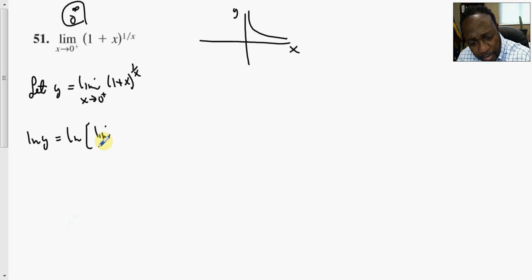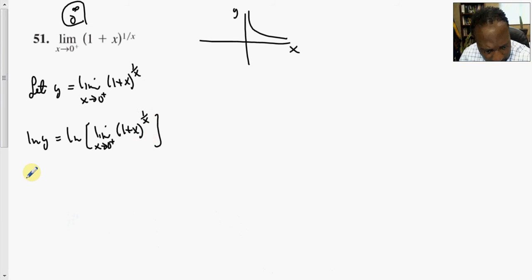This is the natural log of the limit as x goes to 0 from the right of 1 plus x to the 1 over x. This is the natural log of y is equal to, here, as x approaches 0 from the right, not at x equals 0, but as x gets close to 0 from the right, this function is indeed continuous. So we can switch the positions of the limit and the natural log, and we get the same value.